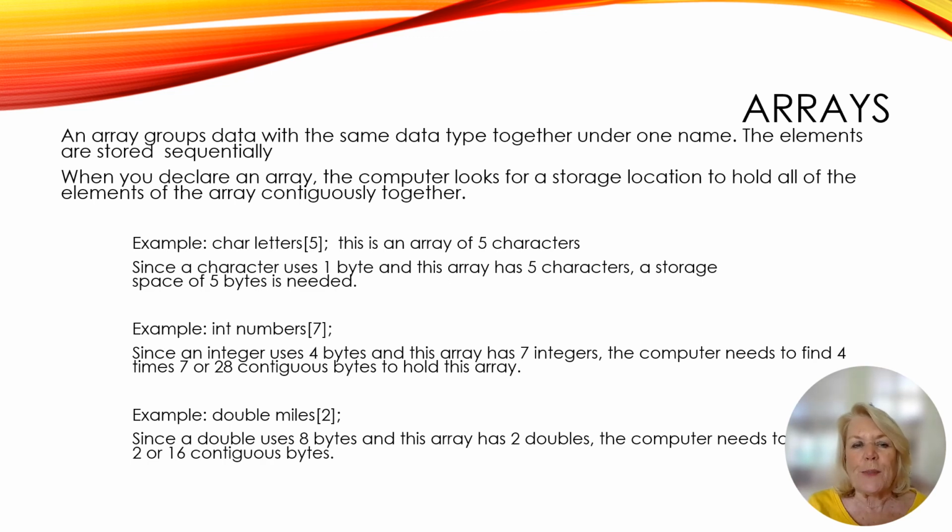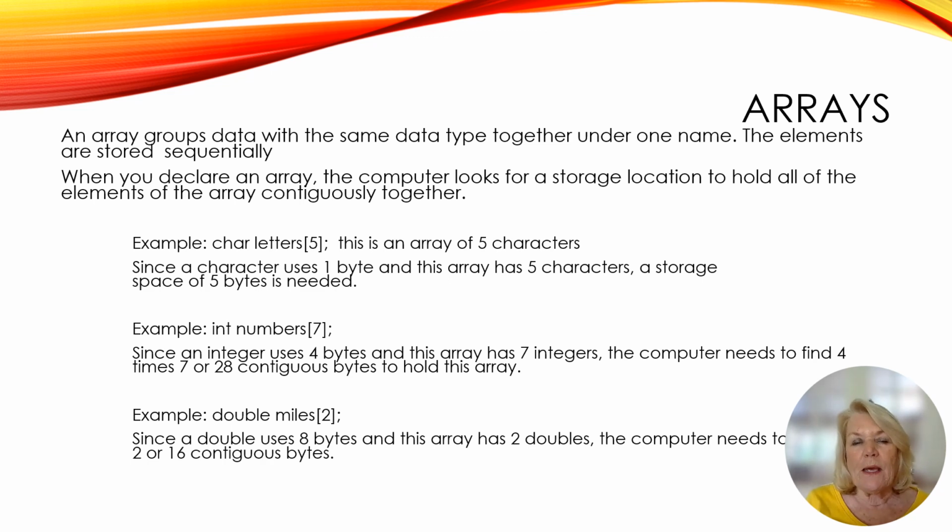It has 5 elements, and it is an array of characters since we have the char. Since the character takes up 1 byte, which is 8 bits, and this array has 5 characters, a storage space of 1 byte times 5, which would be 5 bytes, is needed.